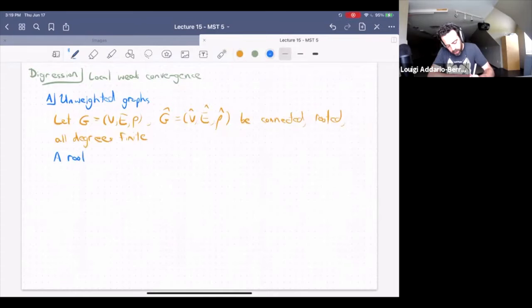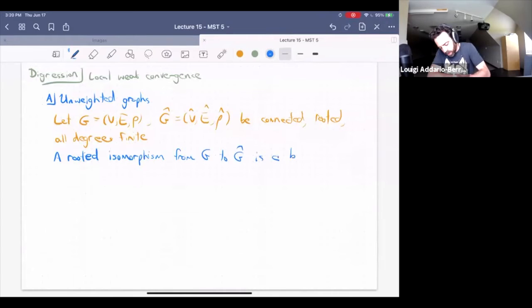So a rooted isomorphism from G to G hat is a bijection between the vertex sets, phi from V to V hat, which preserves edges and non-edges and also the root.